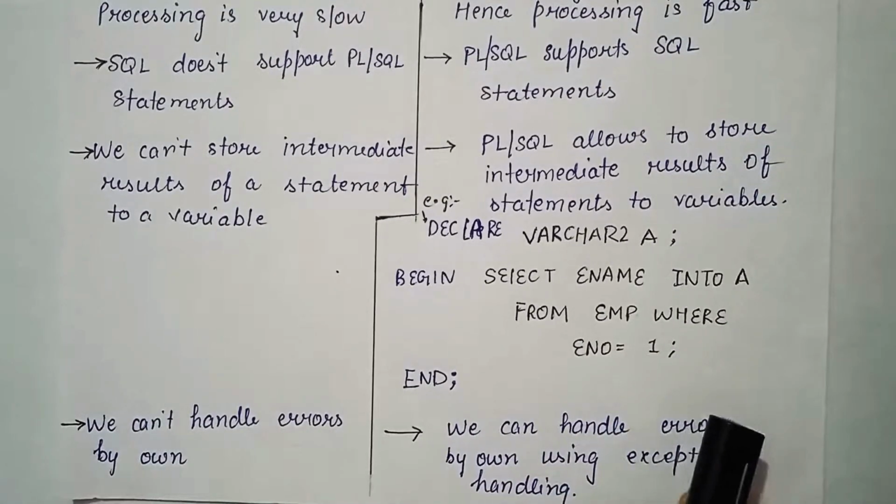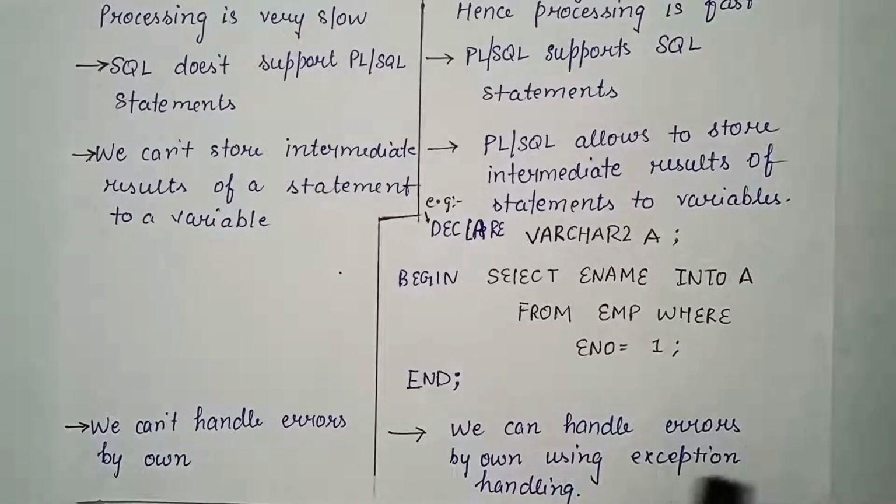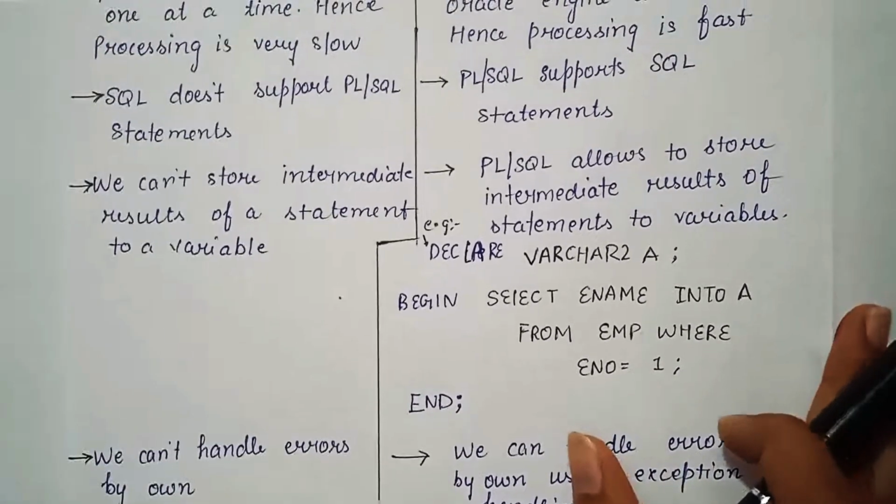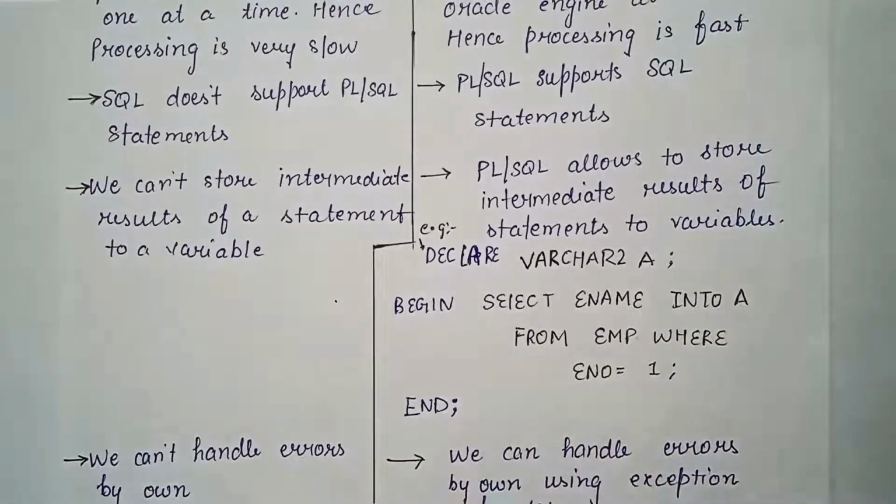In my further videos I will surely tell you what exception handling is and how an exception can be handled in PL/SQL. For this video, this is enough. I hope you get to know all the important and major differences between SQL and PL/SQL that everyone must know.